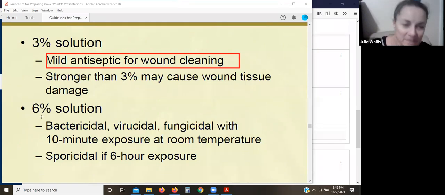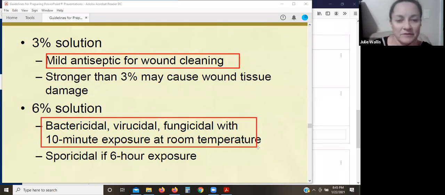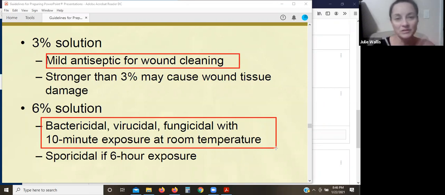But at 6%, it's considered bactericidal, virucidal, fungicidal with a 10-minute exposure time at room temperature, which is probably longer than we would generally just put it on if you had like a scratch or something like that. Sporicidal after a 6-hour exposure. So a long time.